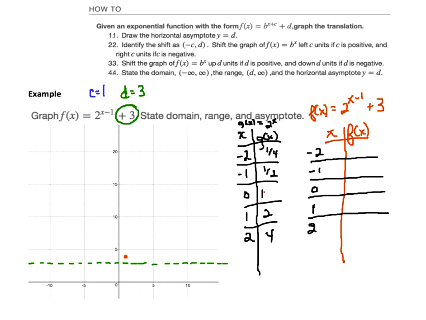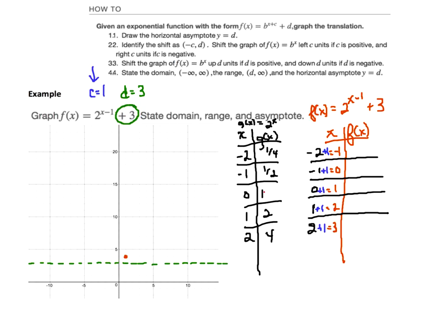And each of those get shifted to the right 1, right 1, right 1, right 1, right 1. I'm getting that from right there. And that leaves me with new x values of -1, 0, 1, 2, and 3.